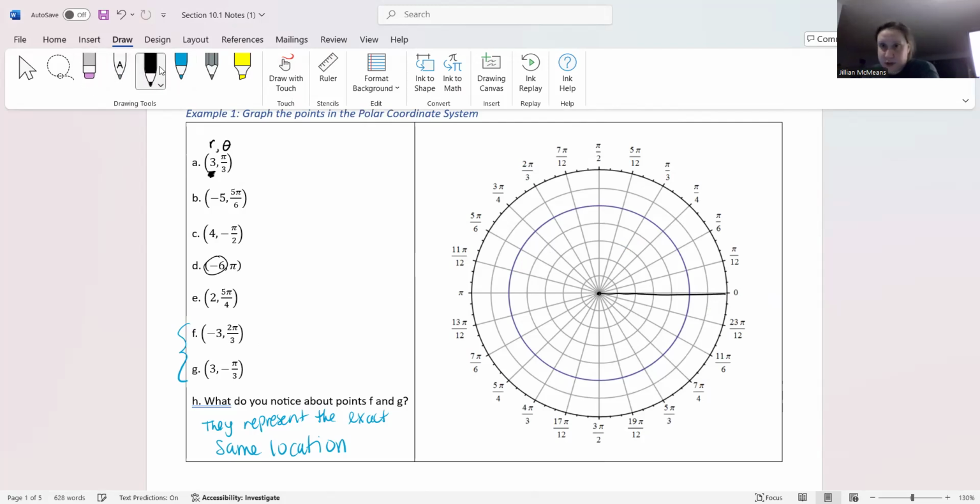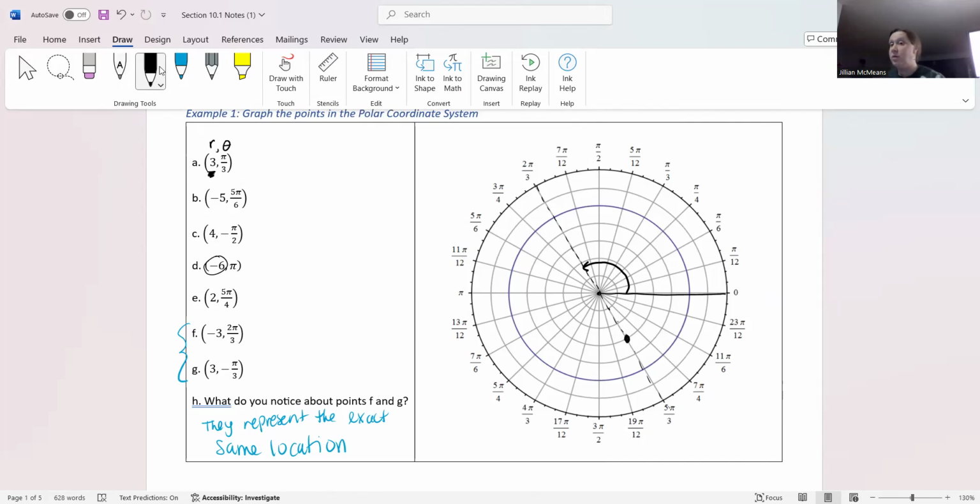That's where we always start measuring out our angles. We measured out until we got to 2 pi over 3, which was here. So this was our terminal side, but R was negative. So we really had to measure out 3 units in the direction opposite our terminal side, which was right here. So we measured out 1, 2, 3, and we got a point right here.